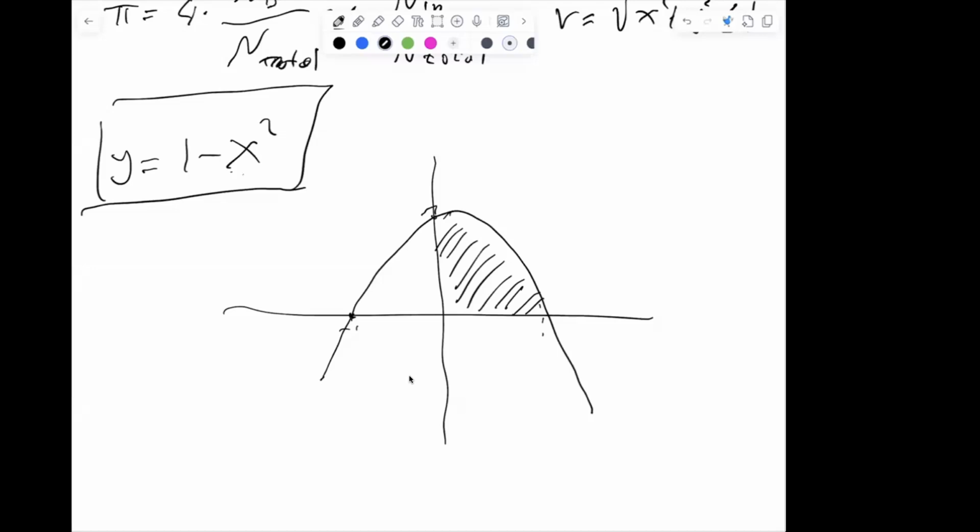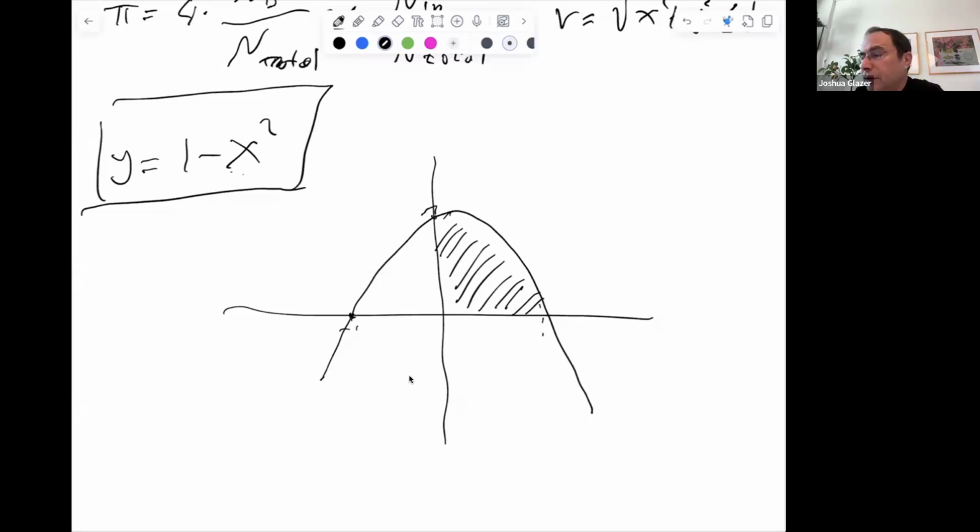Let's do the calculations. The answer is 2/3, if I remember correctly. The integral is, of course, x minus x to the third over 3. Put 1 and minus 1 in the limits, and we get 2/3.